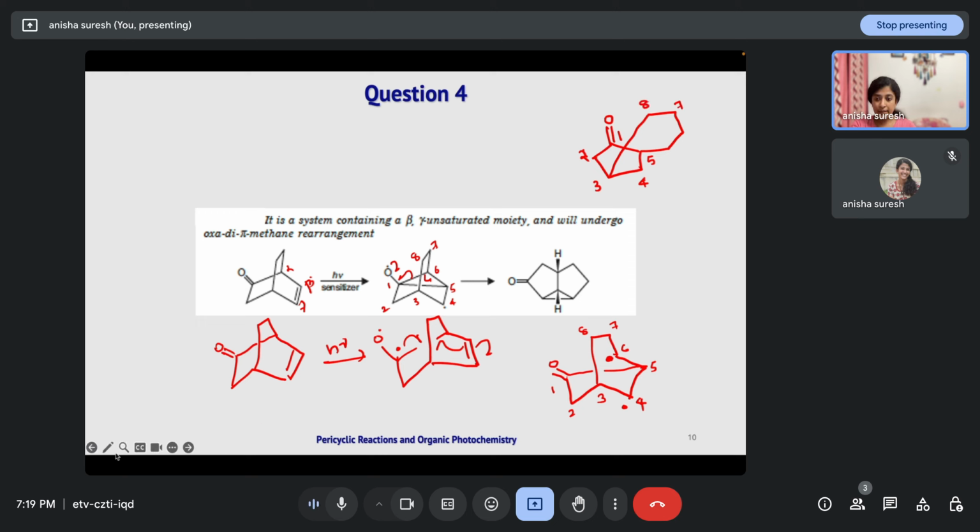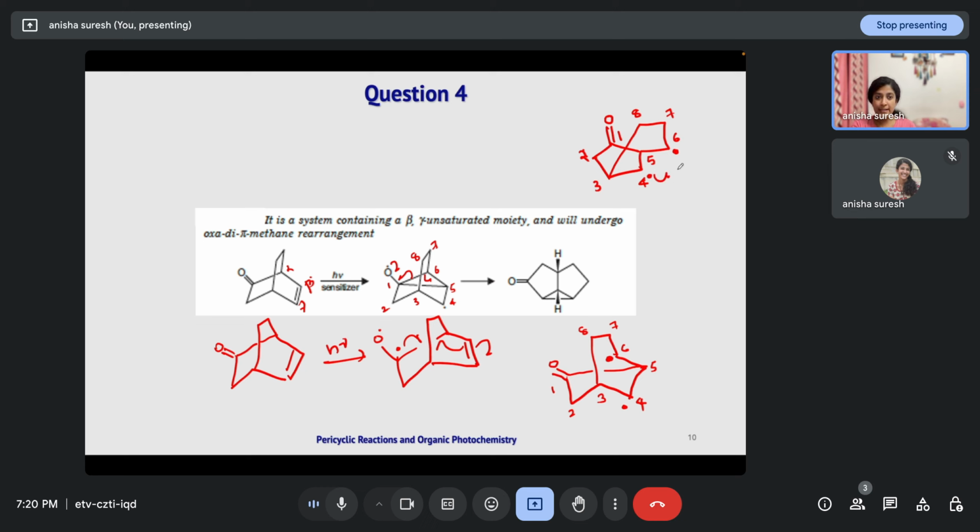One second, I have drawn one extra carbon. So 3 is connected to 8, 8 is connected to 7, and 7 is connected to 6. 8, 7, 6. At 6th position there is one radical, and at 4th position there is one radical.